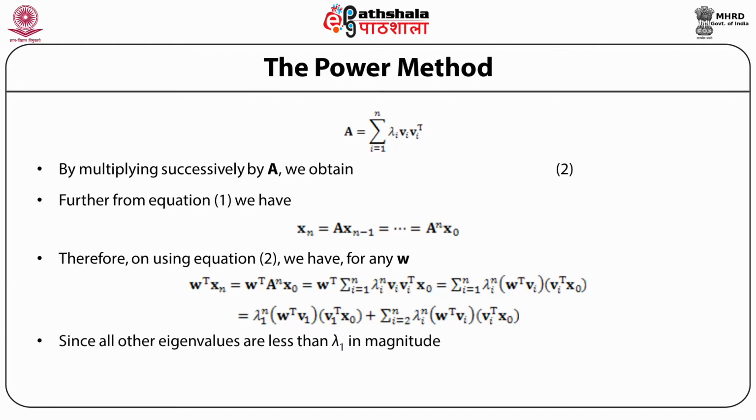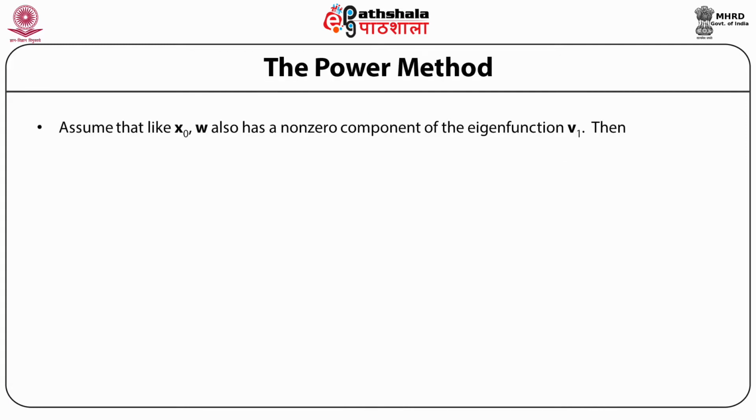Since all other eigenvalues are less than lambda 1 in magnitude, limit n tends to infinity of w^T xn divided by lambda 1^n equals (w^T v1)(v1^T x0). Assume that, like x0, w also has a non-zero component of the eigenvector v1.